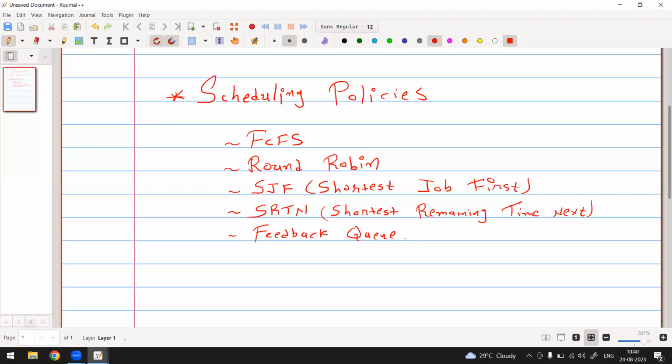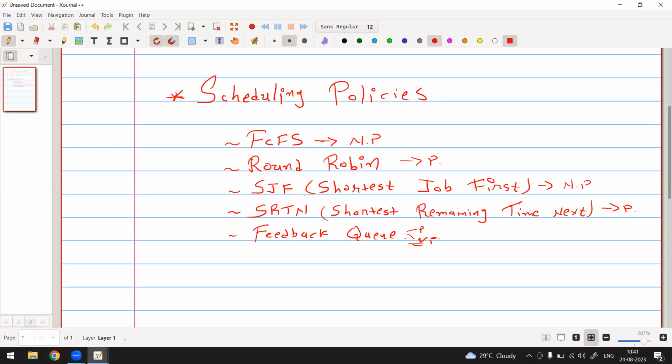So basically, these policies are different in nature. For example, FCFS is a non-preemptive policy, round robin is preemptive, normal SJF is non-preemptive, SRTN is preemptive. Feedback queue, again, can be preemptive or non-preemptive depending upon the implementation. So all these policies are different in nature.